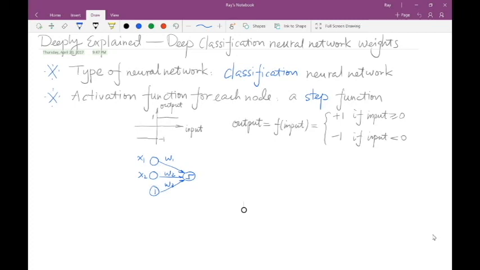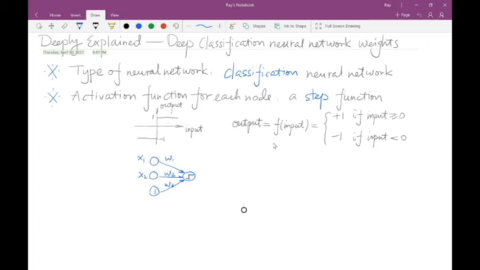With this neural network, when w1x1 plus w2x2 plus w3 is greater than or equal to 0, going through this activation function, we get a positive one. When w1x1 plus w2x2 plus w3 is less than 0, with the activation function, we get a negative one.